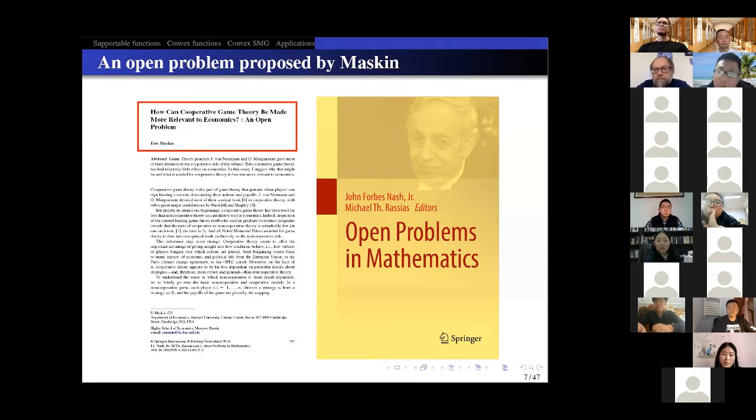Let me just give you two pieces of evidence. First, in the famous textbook by Fudenberg and Tirole, they didn't write any material about cooperative game theory at all. Second, almost all the Nobel Prize winners in game theory won the prize for their contributions to non-cooperative game theory and its applications.